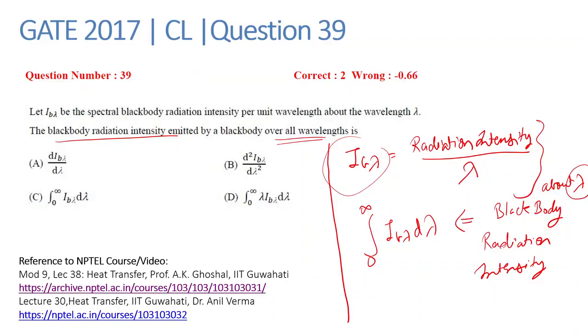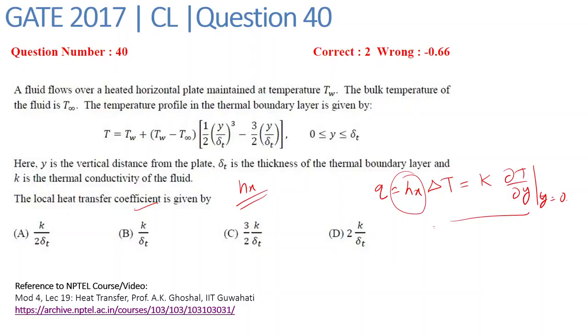The second question was the simple straightforward definition of black body radiation intensity. Then we had this formula for the local heat transfer coefficient that you need to derive.